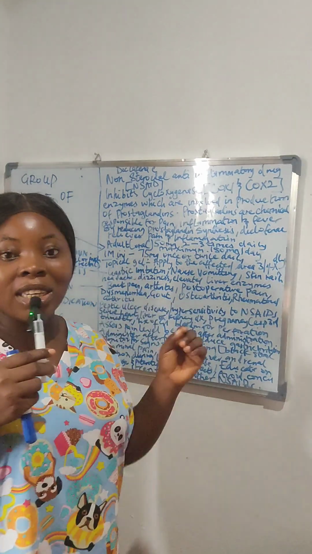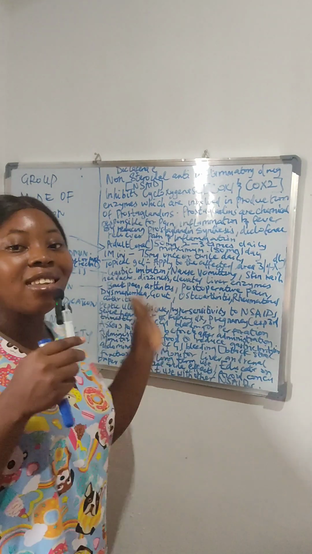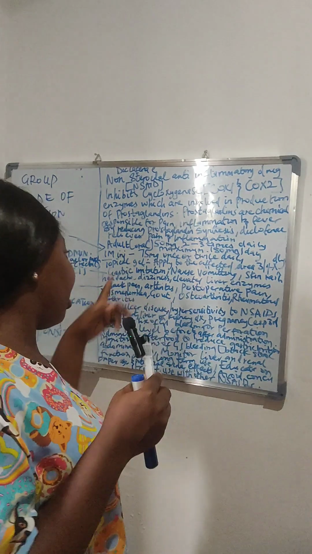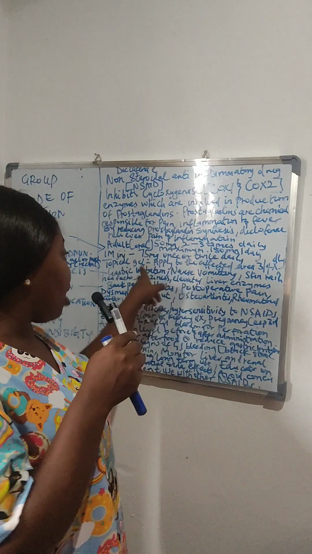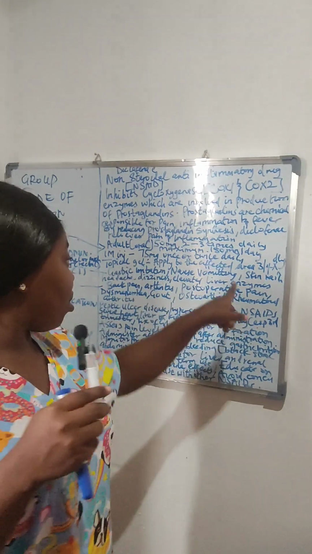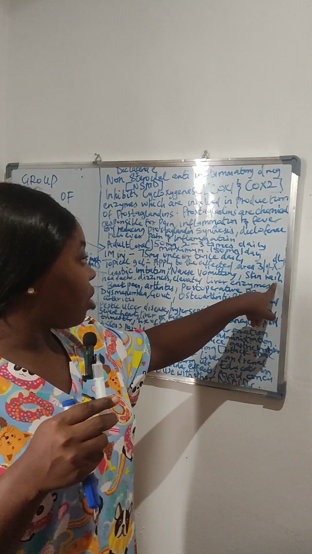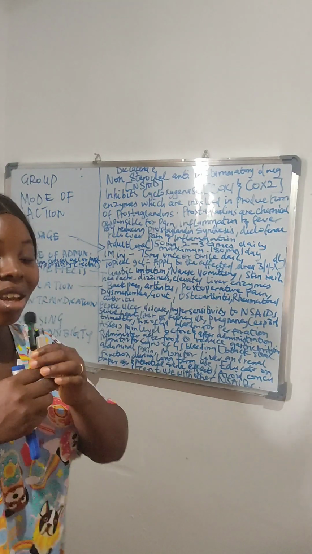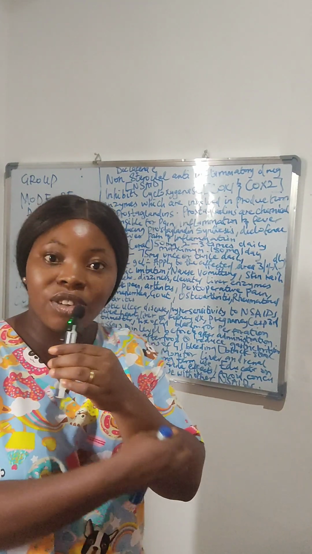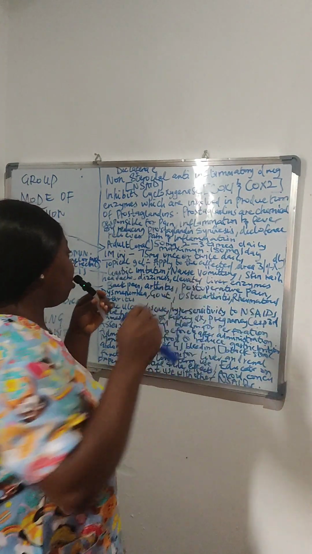And you know that NSAIDs normally cause ulcers, that is the gastric irritation. And how we get skin rash is that if you rub it, since it has topical gel or patch, it can lead to skin rash.